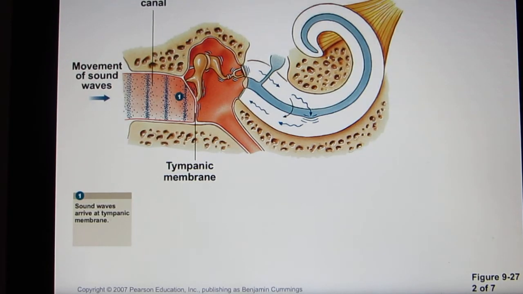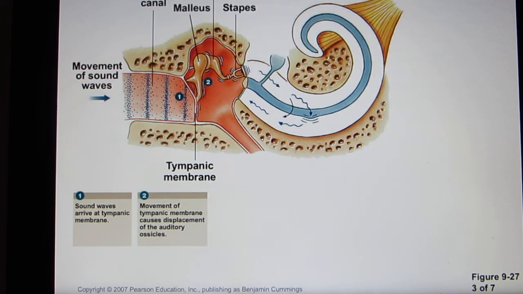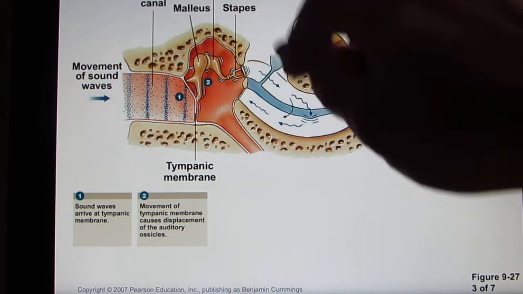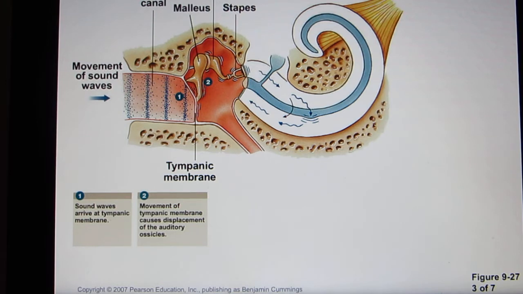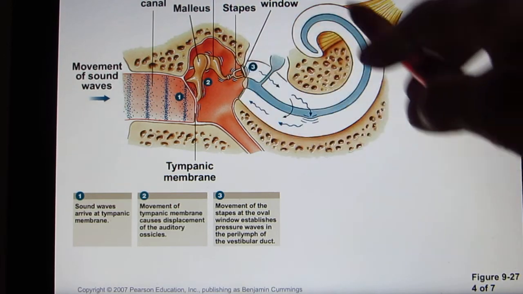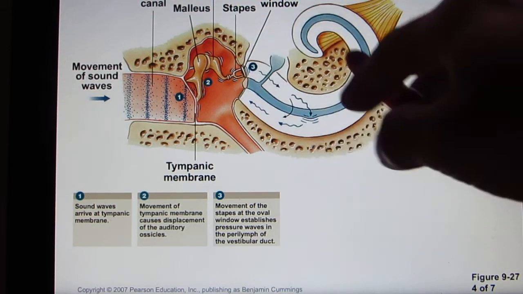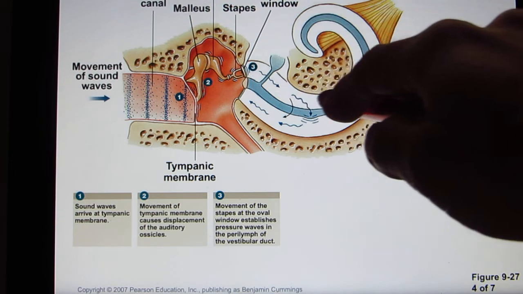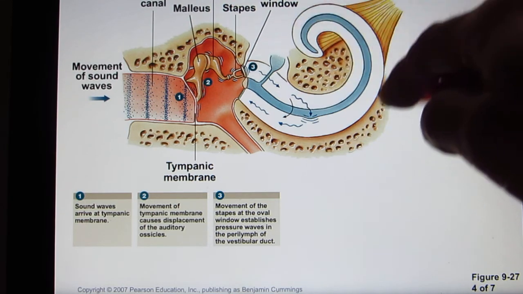So this picture shows you the outside sounds coming. In the auditory system, everything is mechanical. The sound pushes the tympanic membrane, and the tympanic membrane pushes those three ossicles, the smallest bones you can find in your body. Then they push the oval window, and that's the cochlea. When they push, the liquid flows in through the oval window and flows out.